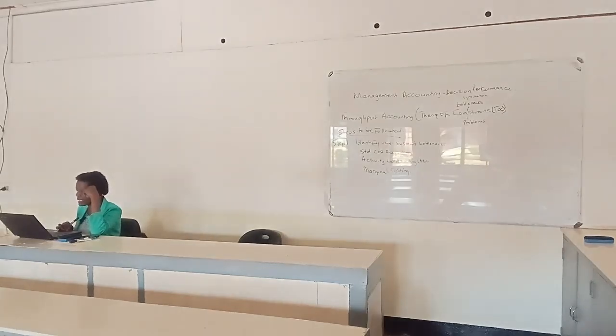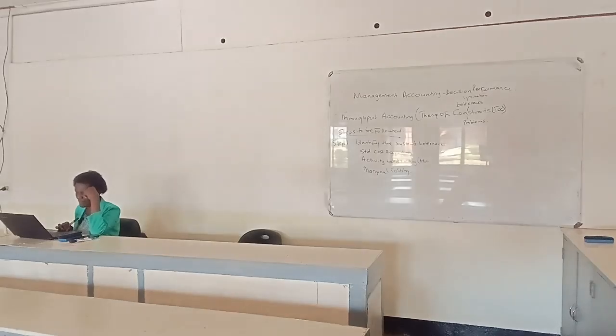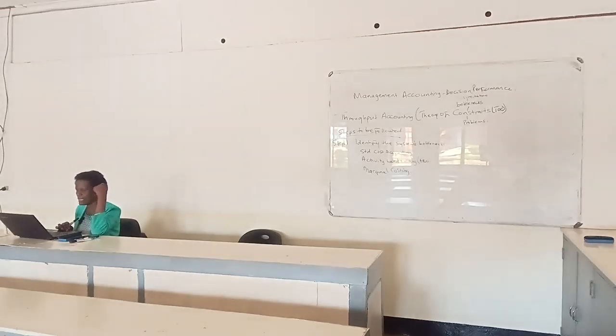That's the analysis of the problems that you have identified in the first step, and the second step you analyze the problems by looking into which can be eliminated and which cannot be eliminated. So there are so many things that we can think about.